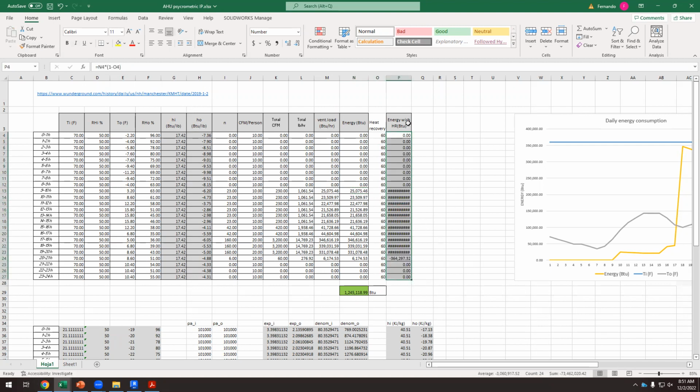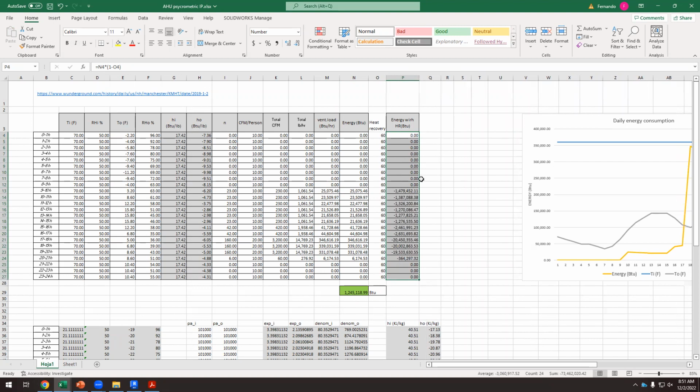Change the format. It's 1 minus this divided by 100, because this is a percentage.